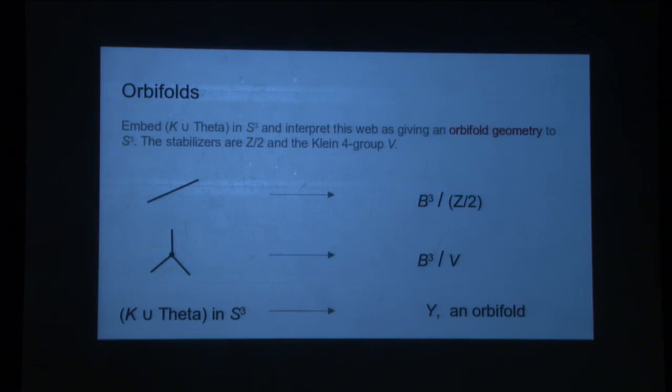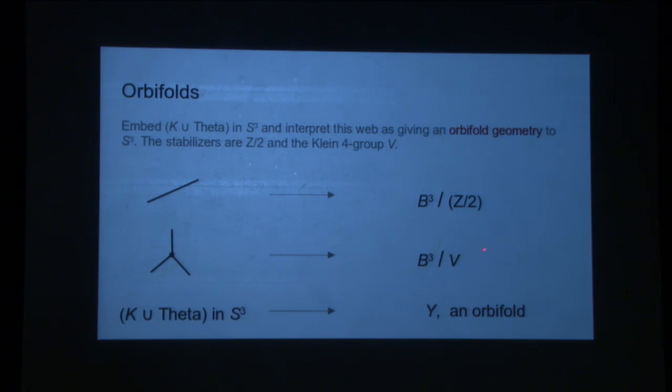So given a little bit of edge here, I want to reinterpret that as a patch in the orbifold where the chart would be the standard 3-ball divided by an involution. The involution having stabilizer, the arc running through the middle of the 3-ball.